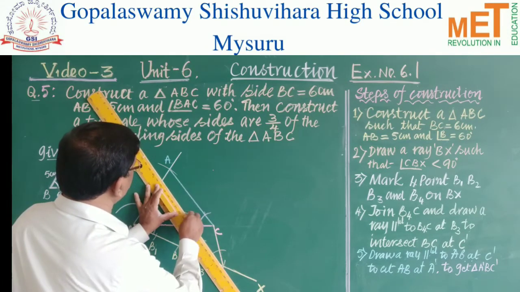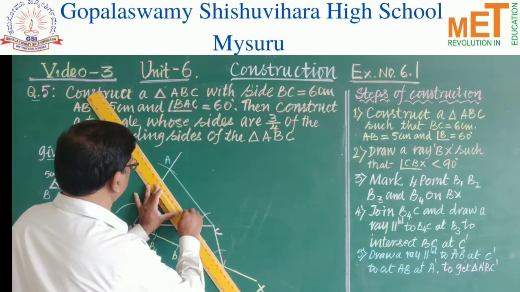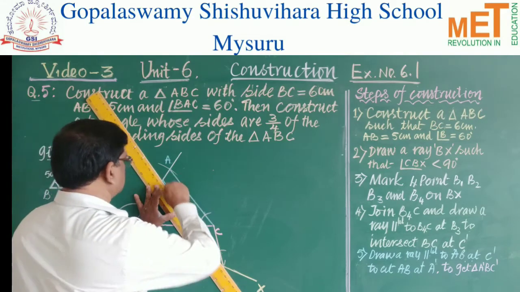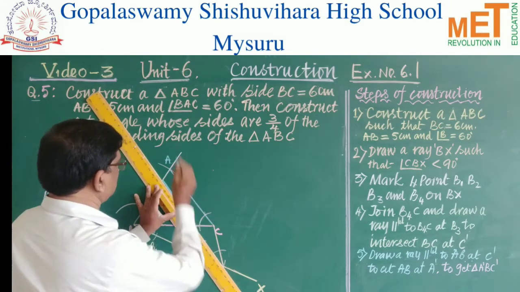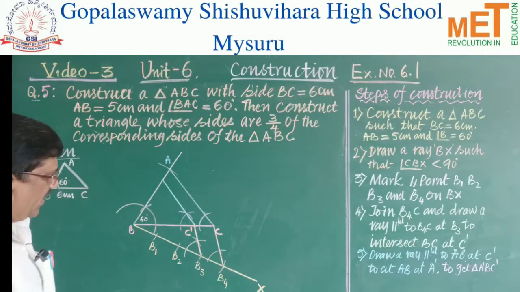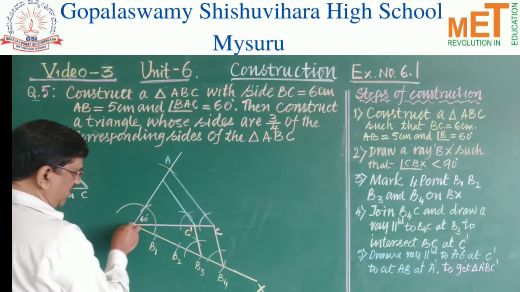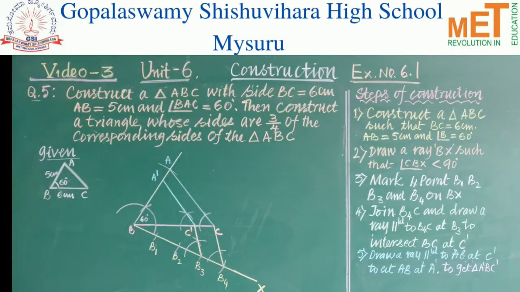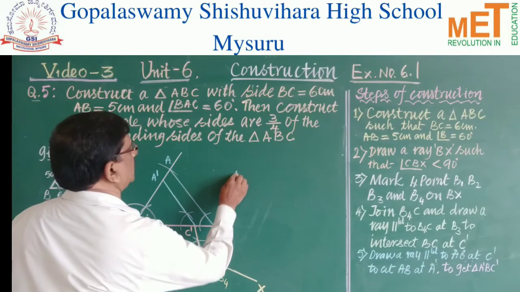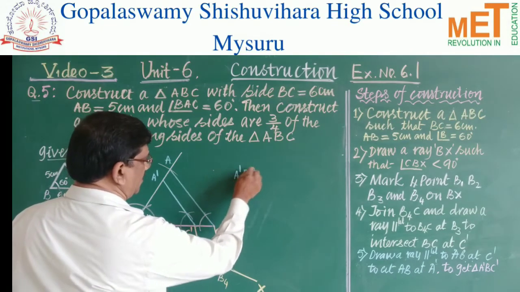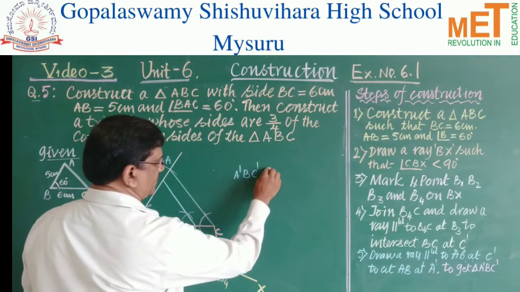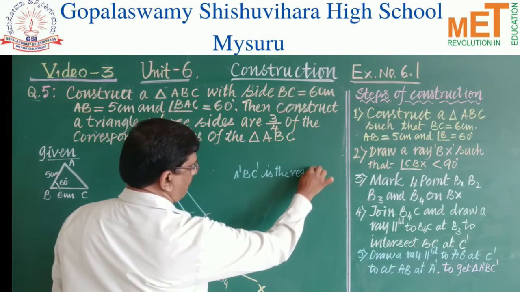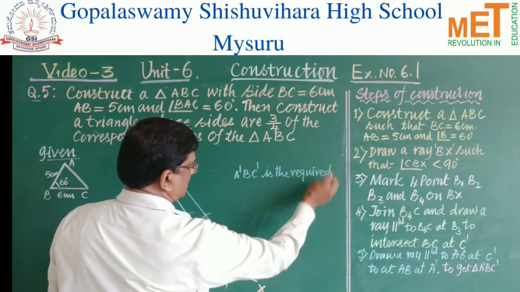Carefully you draw, children. You see this, where this line cuts AB, that is A dash. Clear, children? Here A dash, B, C dash is the required triangle.